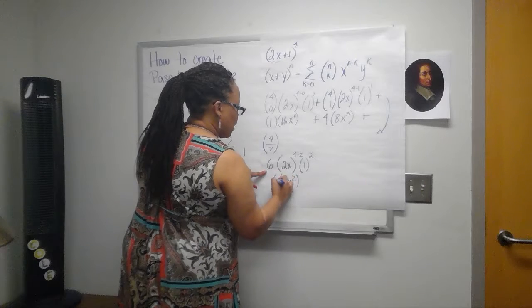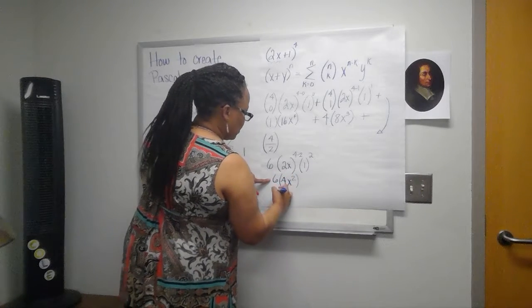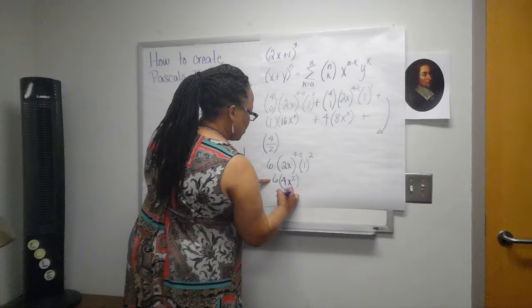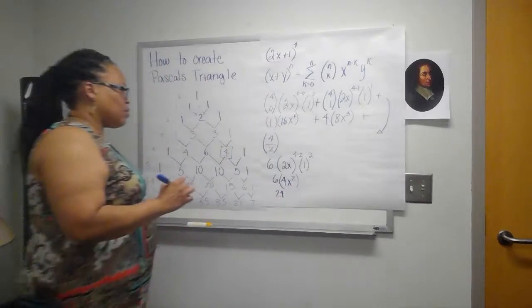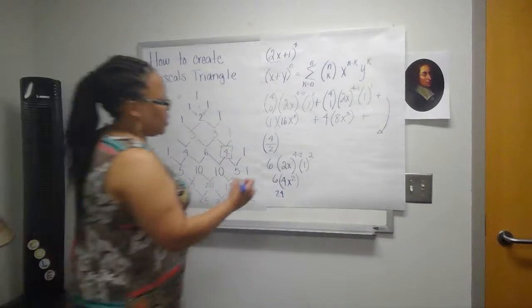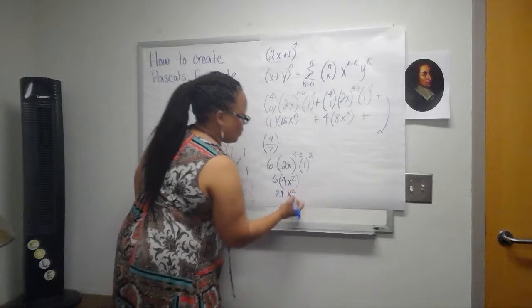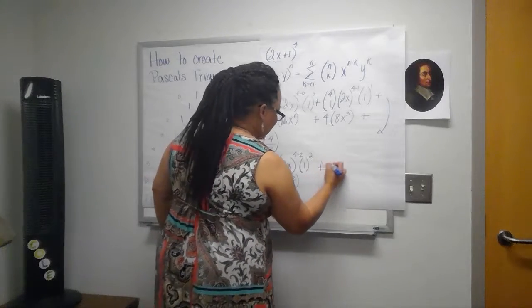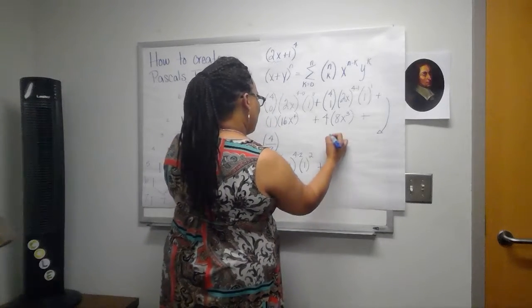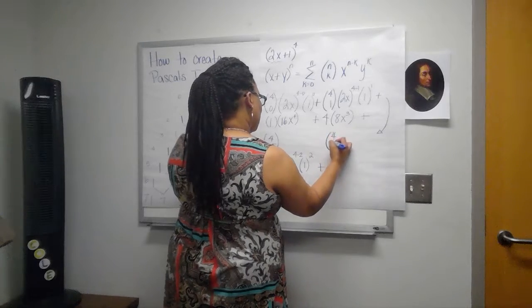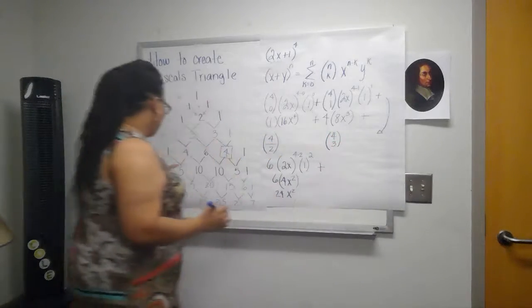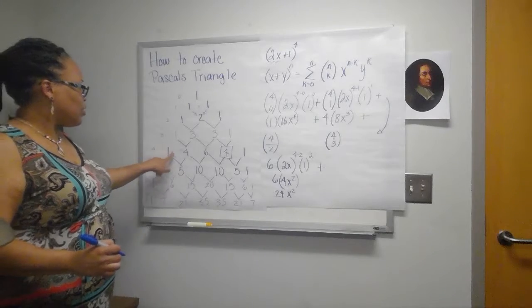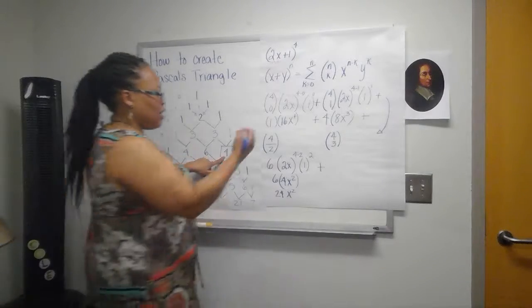And we have to multiply that by 6 and 1. 6 times 4 x squared, plus, now we have to do 4 choose 3, again 0, 1, 2, 3, and we come back.